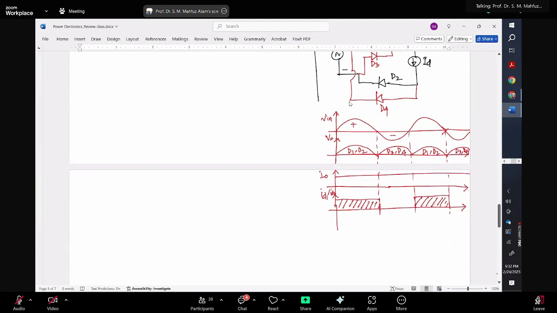And what will happen to the current ID3 and ID4? During this portion, the load current will go through ID3 and ID4. And for the negative half portion also, the same thing will happen. So this is the current. This is actually your ID. This is also ID, but it is going through ID3 and ID4.